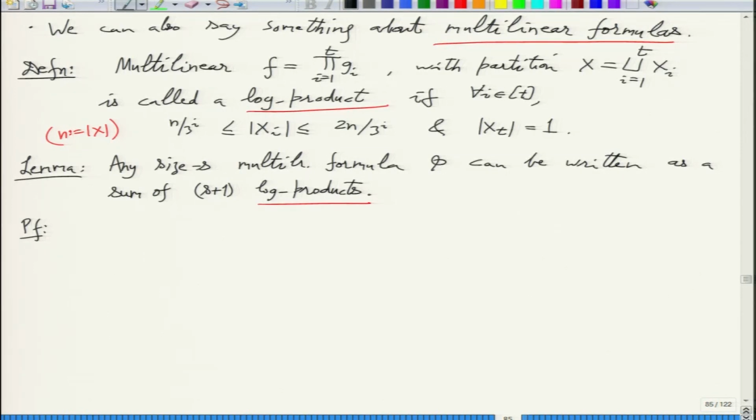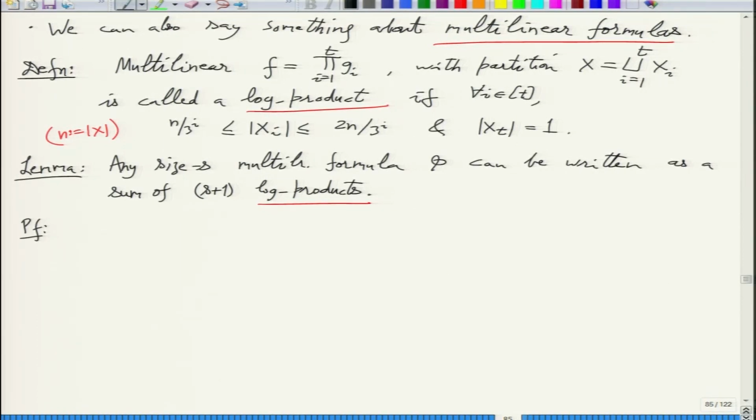So x1 size you want n by 3 to 2n by 3. I think in this case we don't need anything except this formula structure. At the multiplication gate, we can just group up a bunch of inputs so that the total number of variables becomes close to half. Induct on the rest.